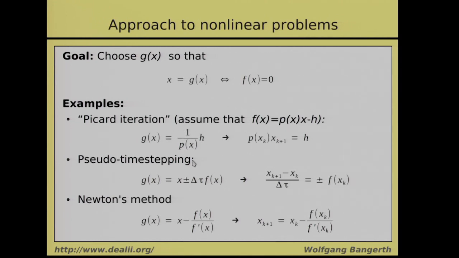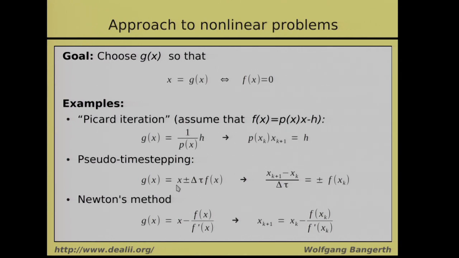Okay. A second choice of g that we often use would be that I say g of x equals x plus or minus some delta tau, which you can think of as something like a time increment, a time step, times f of x. Now, the plus or minus refers to the fact I need to show that g is a contraction.